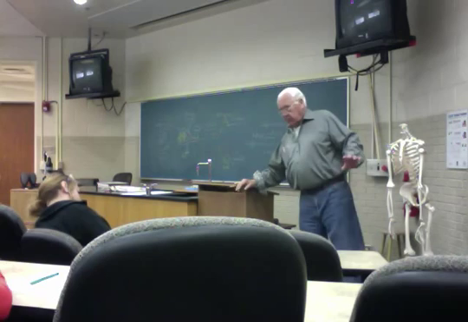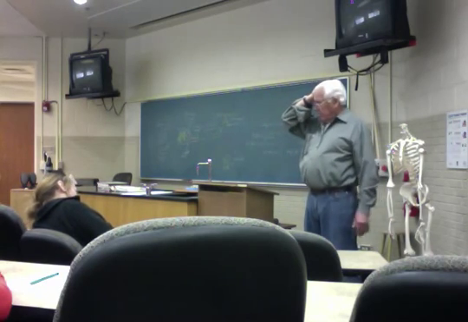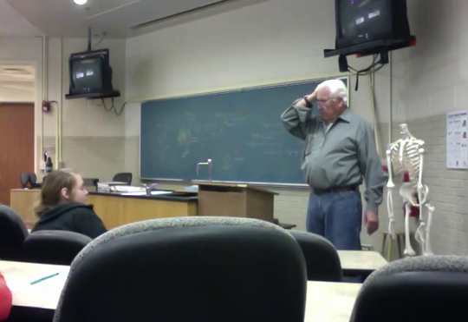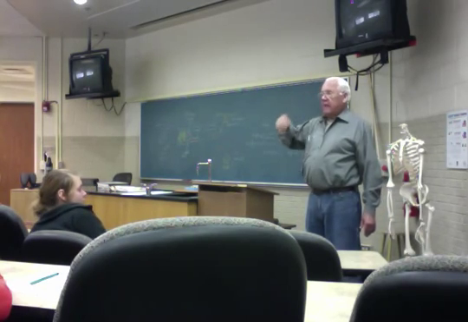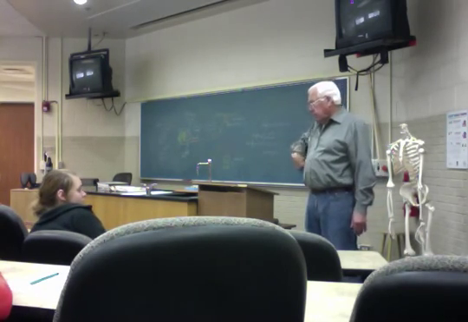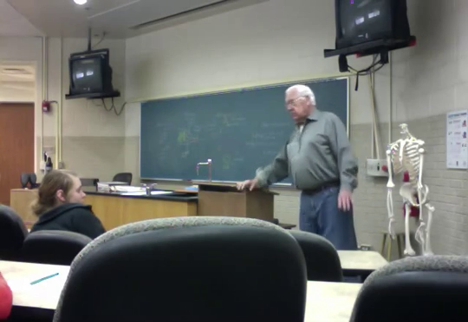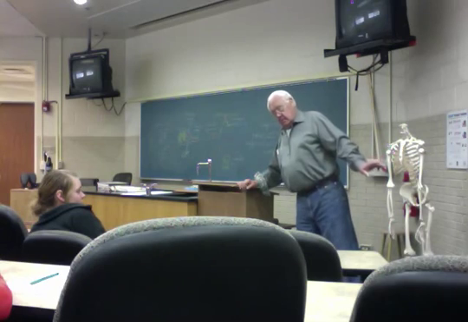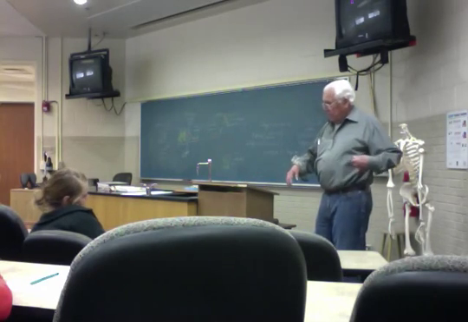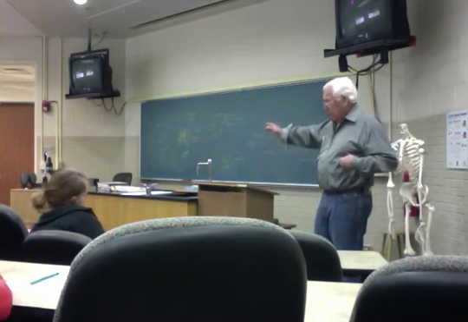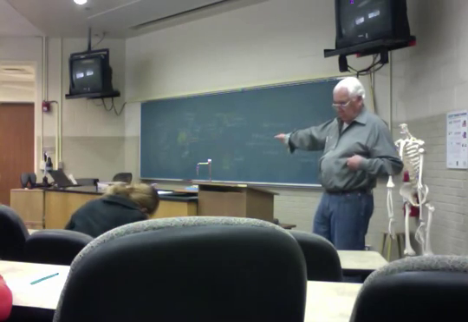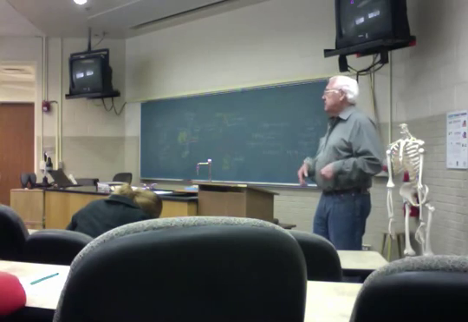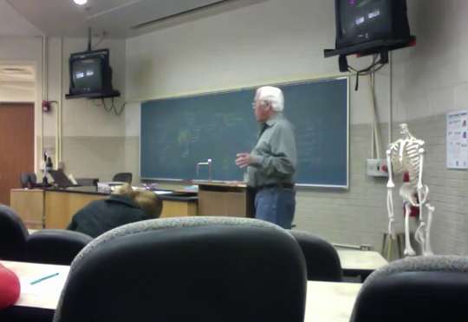So pain and temperature over here is interpreted over here. So if I have damage done to my spinal cord on this side, I lose pain and temperature over here. If I have damage done to this side, I lose pain and temperature over here. Are we together? Yes. Opposite side because it crosses in the cord.